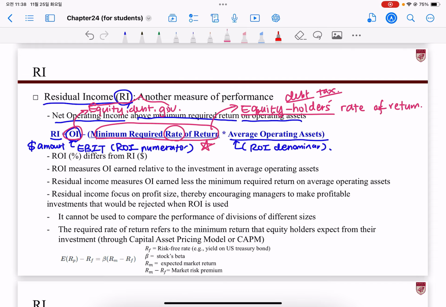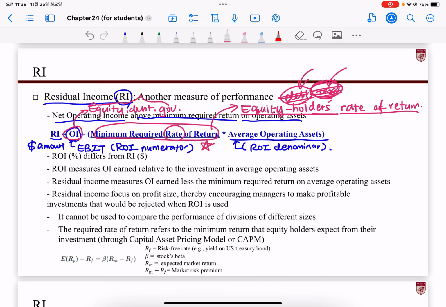But debt holders can make sense, but for tax governments, there's no minimum required rate of return for the government. It's a bit too challenging to consider both the debt holder and tax government. That's why we conveniently use the equity holder's rate of return as a minimum required rate of return.